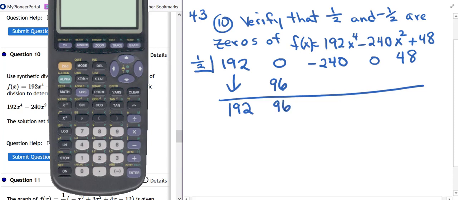So we want 1/2 of 96. So 96 times 1 divided by 2 is 48. That is going here.